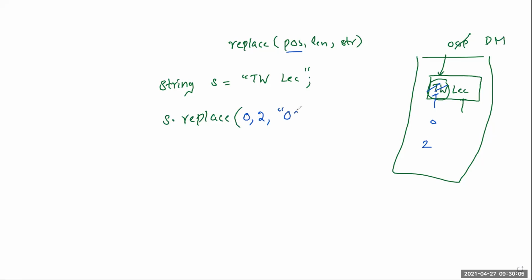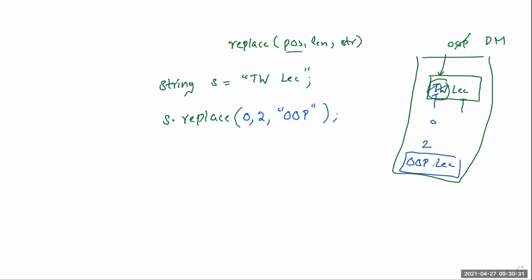The new string I want is OOP. Now you see OOP has 3 characters, but it will not make any difference. It will remove 2 characters and insert this new string, irrespective of how many characters it has, and everything else is adjusted accordingly, right? So if you print it on this digital screen, it will now show OOP lecture.